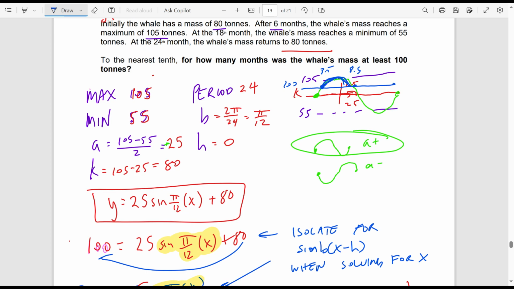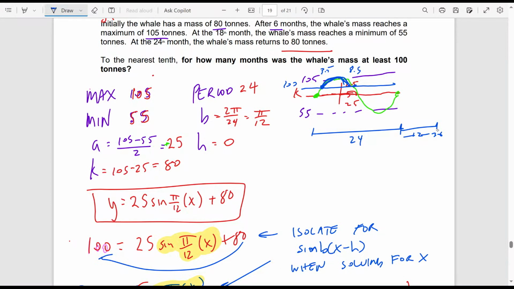Here's the only problem now. This is looking at 24 months. Let's get rid of this crappy drawing that I made, which I should have done a better job of. That's 24 months, meaning I've got to add on 12 more months to get to 36.